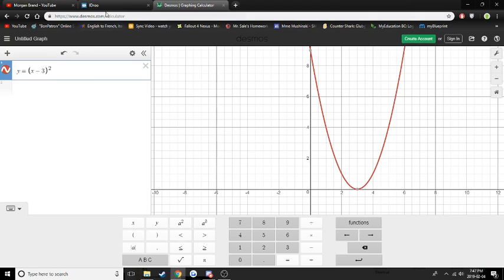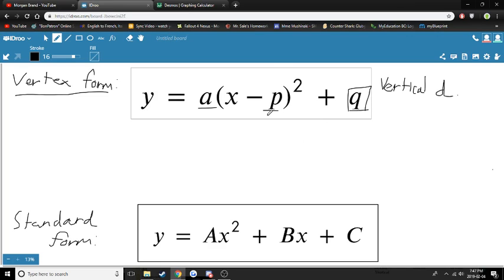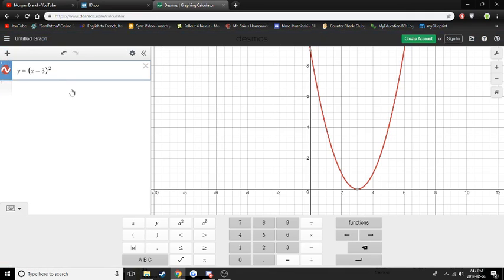So this is called a horizontal displacement. And this is a bit trickier than the vertical displacement because it has the opposite sign. Let me explain. It's negative 3, but it moves positive 3, or it moves 3 in the positive direction.